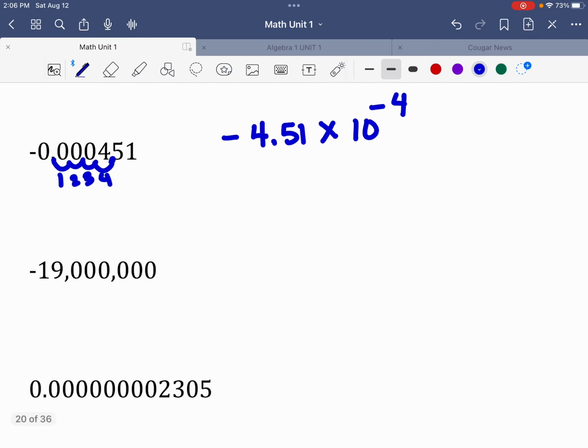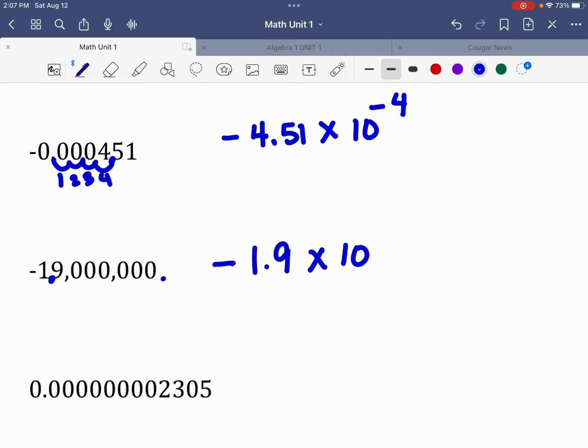All right. The next question is also a negative number, so my answer is going to be a negative number, but it's a big number, so my exponent will be positive. So I'm going to put negative here so I don't forget that this is a negative number. To make this a number between 1 and 10, I need to move my decimal from the very end, after that last 0, to in between the 1 and the 9. So my decimal for this will be 1.9 times 10, always times 10.